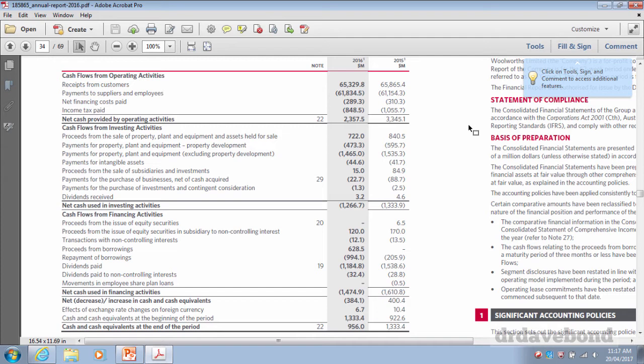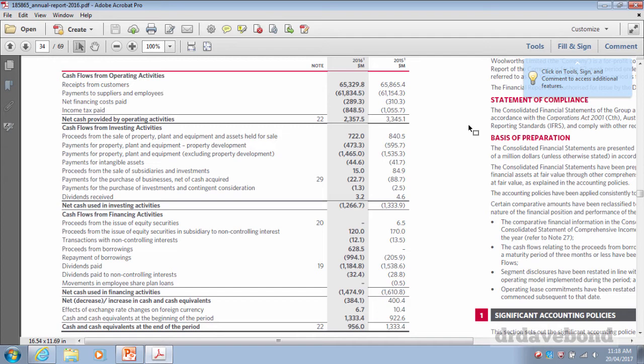But if you look at it, there are payments for property, plant and equipment, payments for intangibles, which are non-current, proceeds from sale of a business, payments for the purchase of a business, payments for investments and so on. You've got dividends received, but it's a pretty small amount. What you're mainly dealing with in investing activities is buying and selling non-current assets.